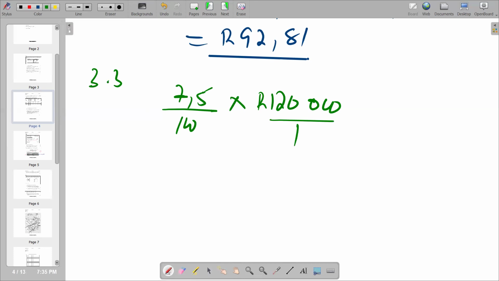So we can just try to calculate it as such, whereby if you try to simplify it further, 7.5 divided by 100 becomes 0.075. And then you multiply by 120,000. So we see what we get there.